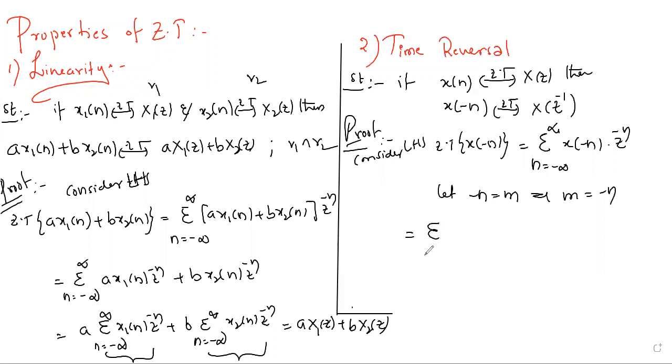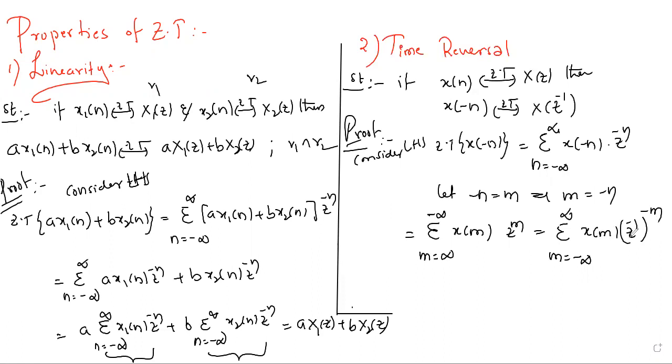Then what about the limits of m? For n equal to minus infinity, m equal to minus of minus infinity changes to plus infinity. If you substitute n equal to plus infinity, this changes to minus infinity. This is x of m and z power m. We can interchange the upper and lower limits in a summation, no problem. So x of m into z power minus m, whole power minus m.